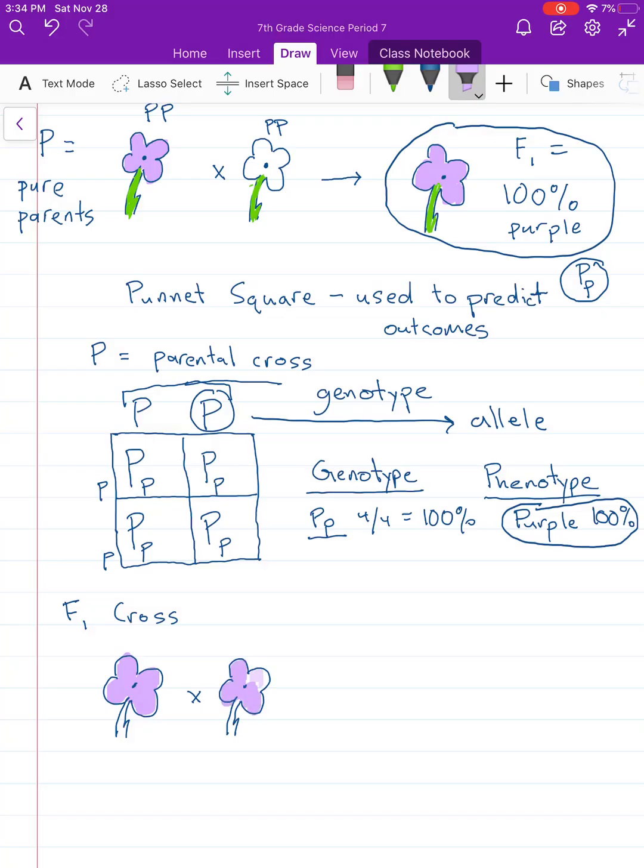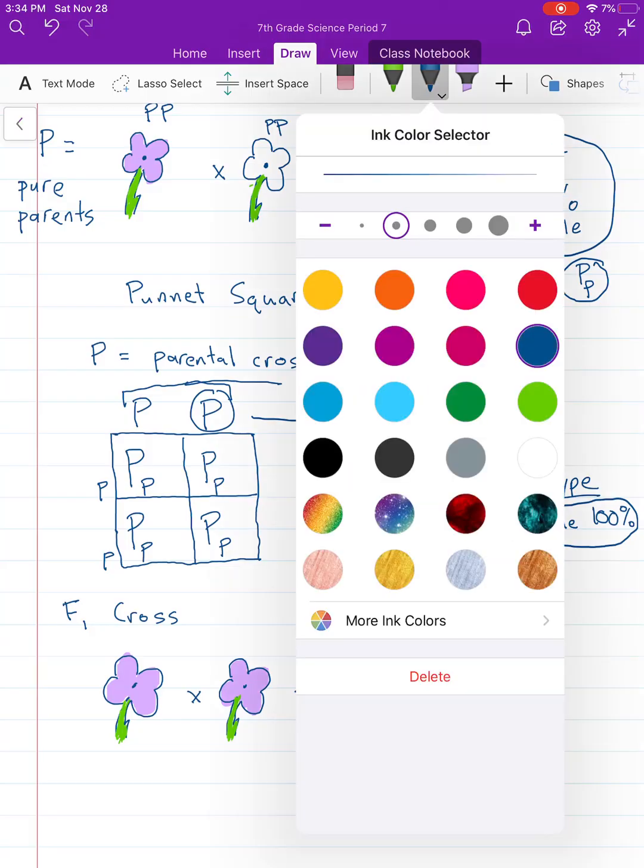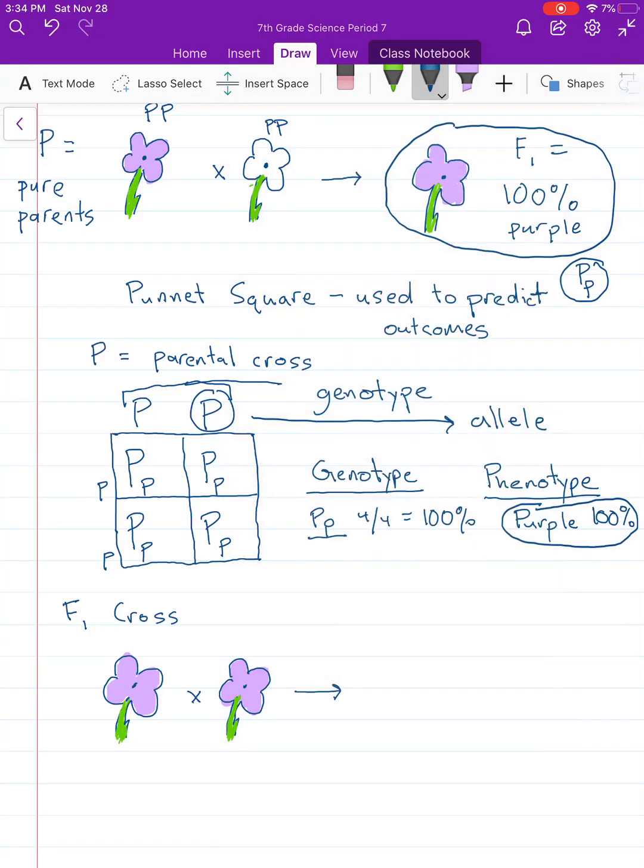When Mendel took 2 impure purples, or what we call now as hybrid purples, and crossed them together, he got some interesting results. On the first cross, a lot of people during Mendel's time thought if you crossed a purple with a white, you'd get a blend, a pink. But we know that is not true. After his experiments in the F1 generation, he got 100% purple.